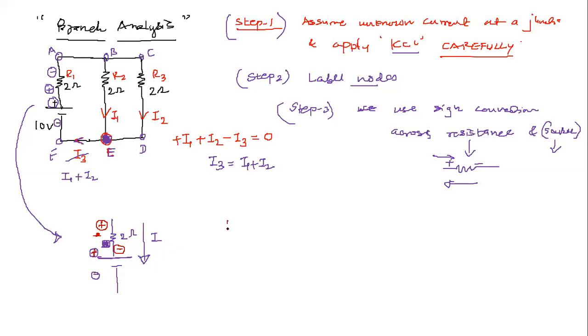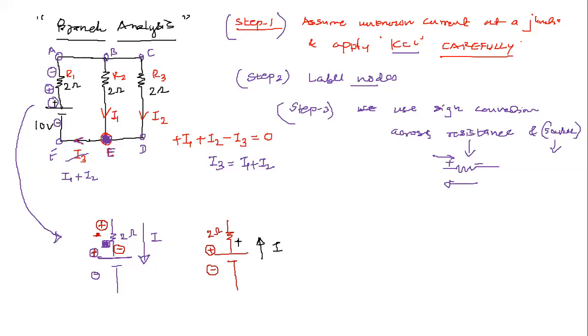Now I'll draw this circuit again and I will try to explain again. See, this is positive, it won't change, right? Now, for example, this is supplying current. What will be the polarity, I mean, sign convention for 2 ohm?